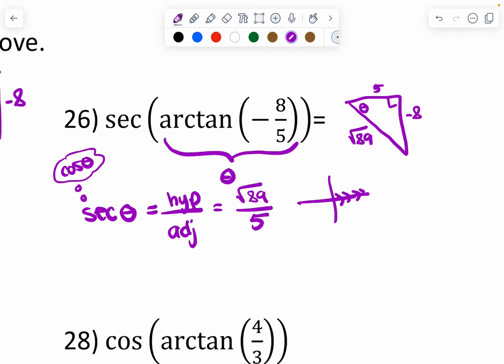So anything in the positive direction horizontally means that cosine is positive. And then anything to the left means that it will be negative. So secant shares the same positivity and negativity.